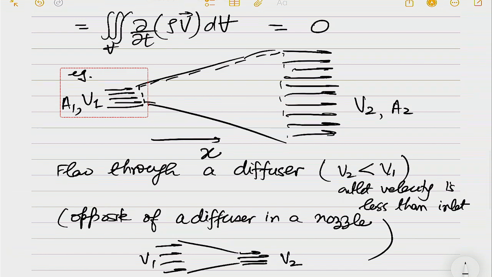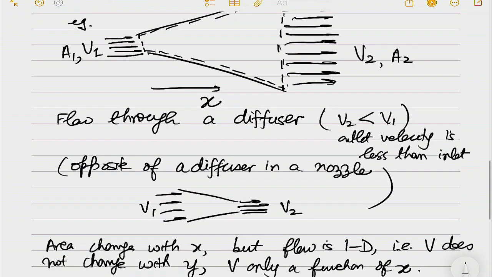So here what we do is, we choose from the different types of control volumes we could choose, a control volume which is basically consisting only of the water, only of the fluid which is passing through the diffuser. So on side 1, it cuts perpendicular to the flow. At the exit, it cuts perpendicular to the flow, and then it is going along the sides.